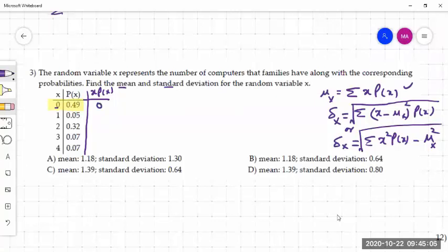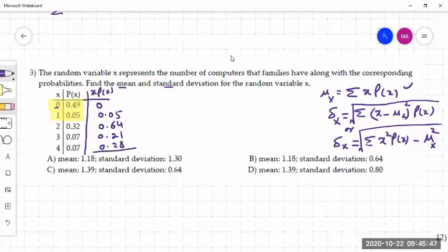Then 1 multiplied by 0.05 is 0.05. Similarly, 2 multiplied by 0.32 is 0.64. Then 3 multiplied by 0.07 is 0.21, and 4 multiplied by 0.07 is 0.28.